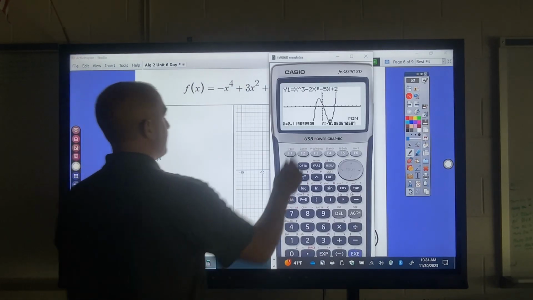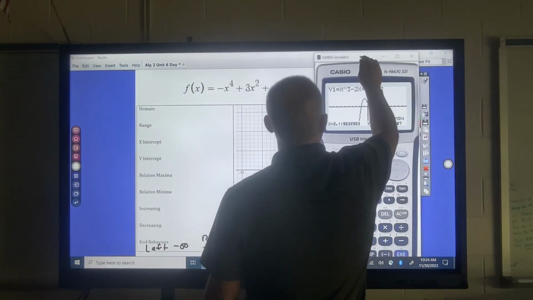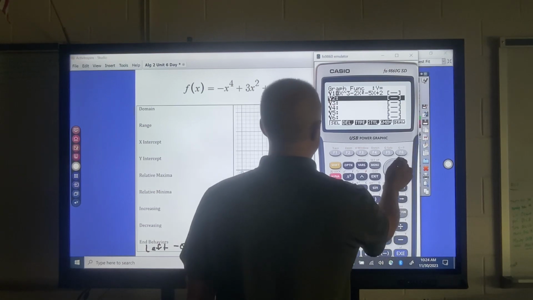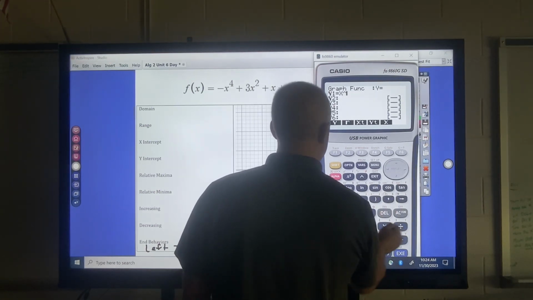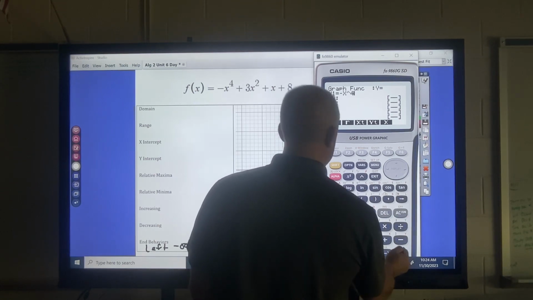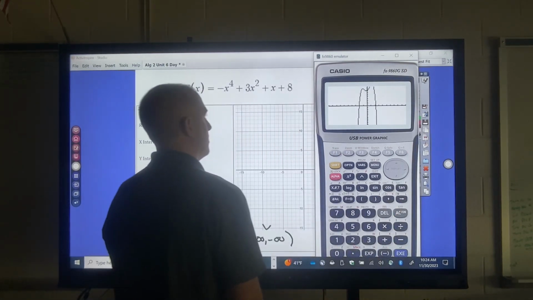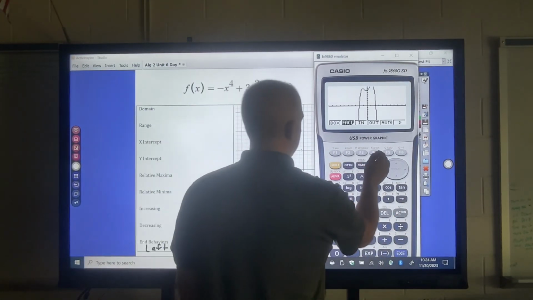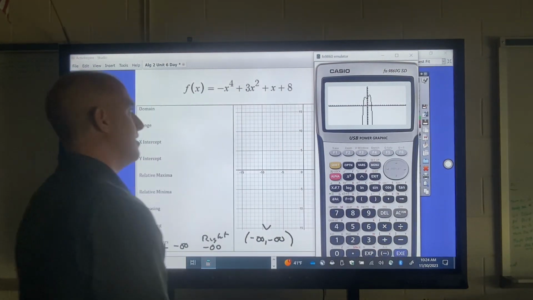Okay, all right. So let's go ahead and do this so I can type real easily. I've got x to the fourth, negative x to the fourth plus 3x squared plus x plus 8. I'm going to draw it. All right. I need to zoom out just a little bit so I can see it. Okay, that's what I got there.